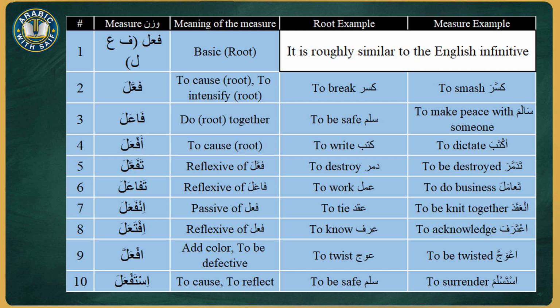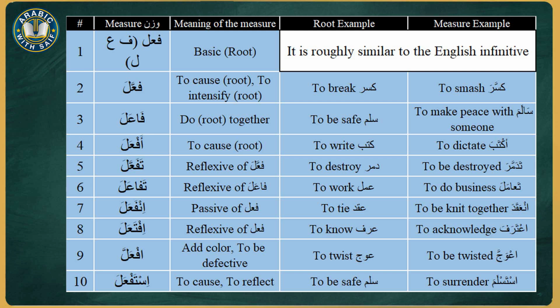Number 8, the measure افتعل, the reflexive of number one, فعل. Example, the root عرف, to know. On the measure of افتعل, اعترف means to acknowledge.